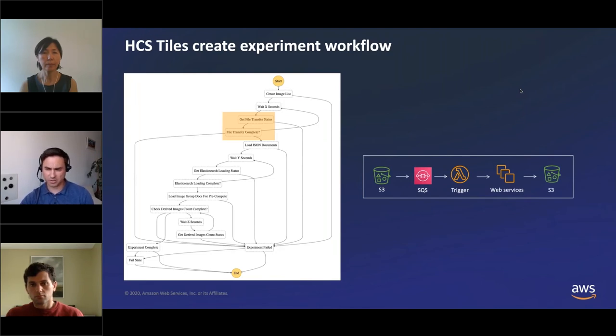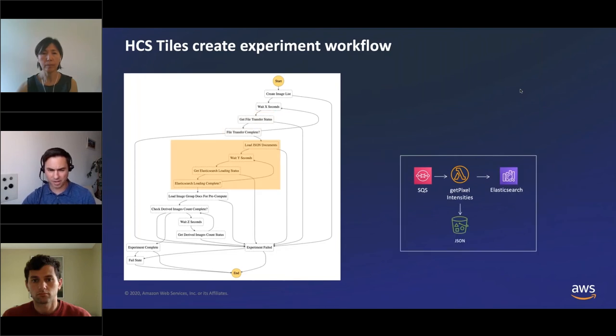So the sequence here under the hood is basically get the image list from S3, iterate over it. Those become messages in SQS that have a trigger. They call web services. They keep track of the state of the file transfer, and then we check basically that the counts of the images in S3 are what we're expecting.